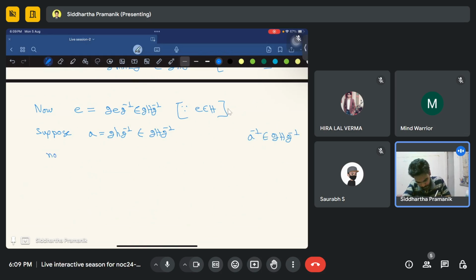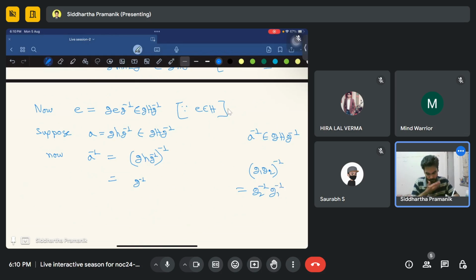So what is a inverse? It is the inverse of g h g inverse. If we break this, the elements get in reverse order, because we know that (g1 g2) inverse is the same as g2 inverse times g1 inverse.